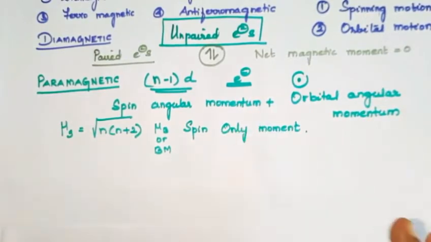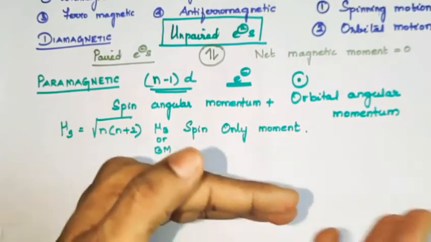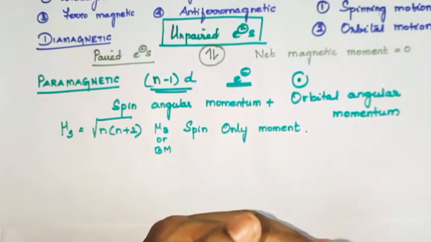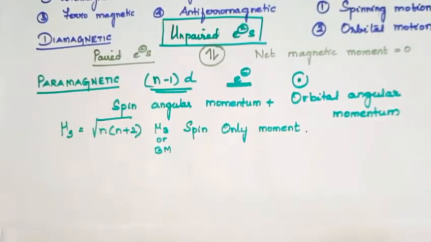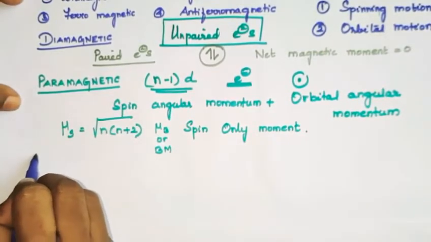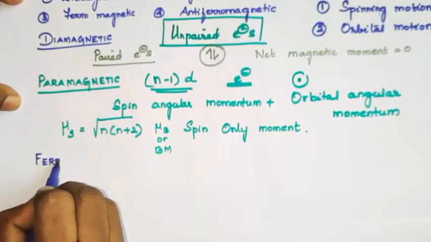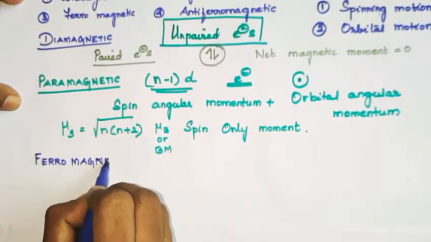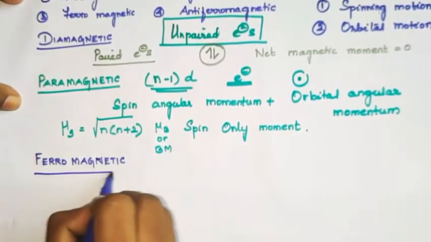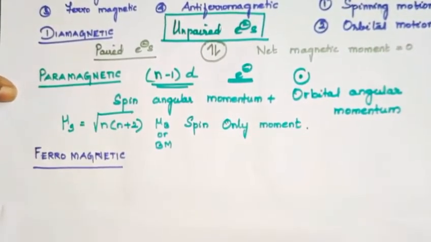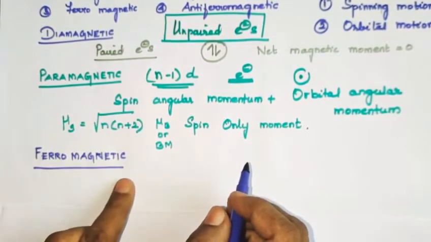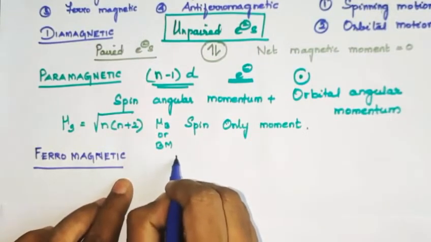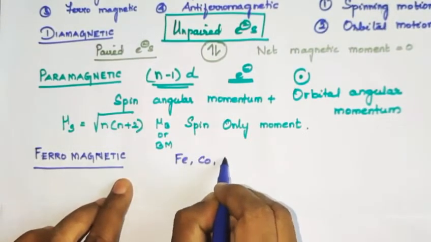But when we apply an external magnetic field, the random dipoles align parallel to the applied magnetic field, and hence they are attracted by the external magnetic field.